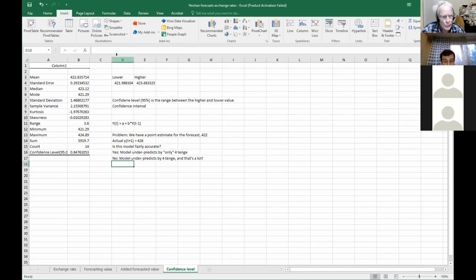So we have a problem in deciding whether this is a good or bad model because we don't have a consensus on how close the forecast should be to the reality before we can approve the model. So right now, we don't know whether we should use this model again.